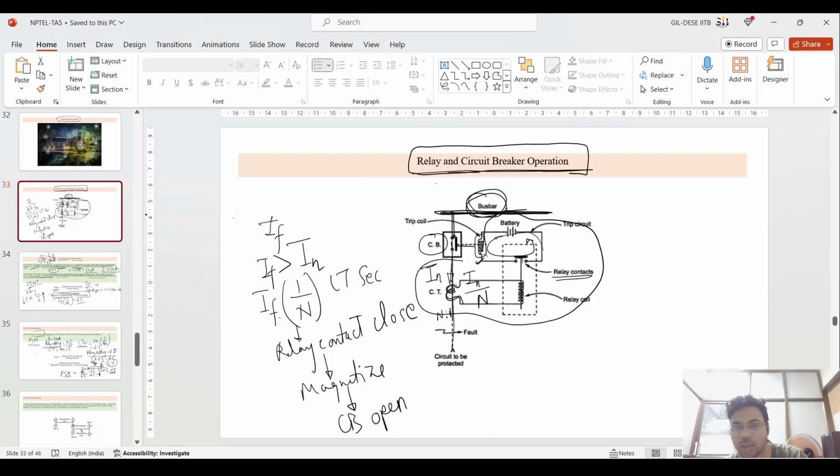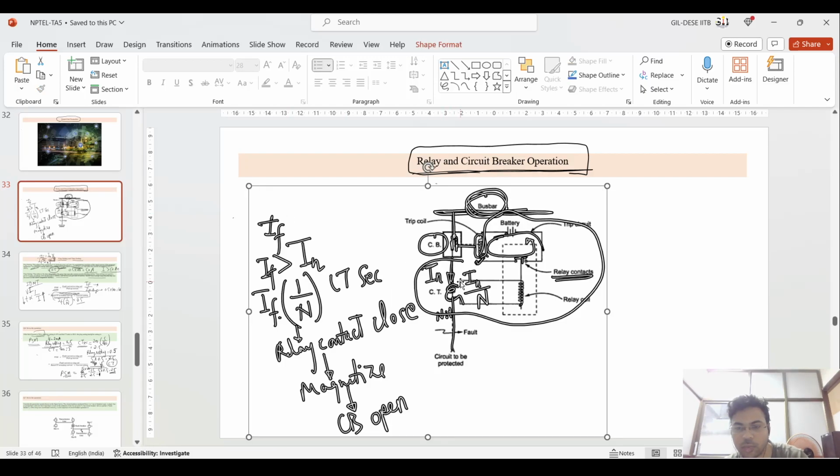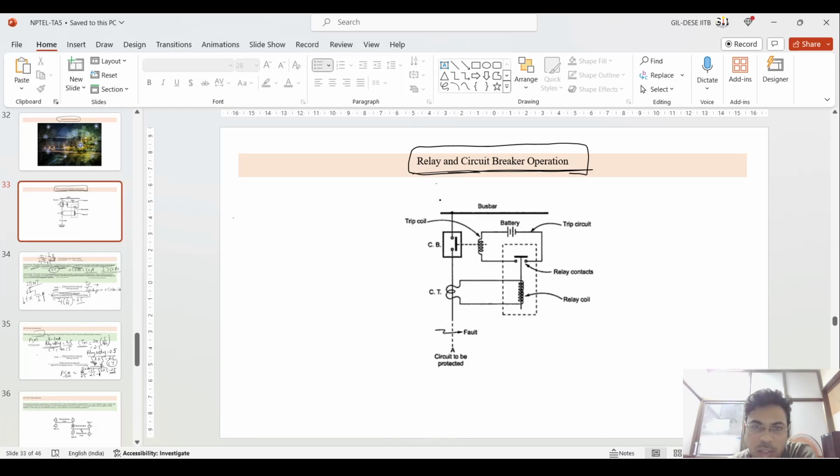Okay, have you got this concept? What I am saying is that the fault current through this image, suppose I remove this for clarity purposes. This current is flowing in this normal line. This current is being transferred to this secondary based upon this term, that is I fault divided by 1 by N will flow through this secondary. And this will make this relay coil magnetize, which will pull this relay contact.